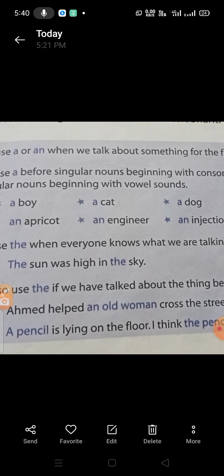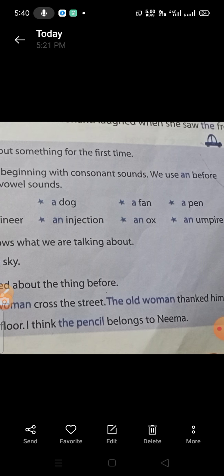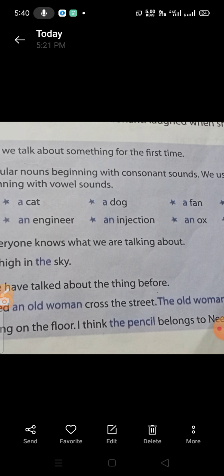Why did we use a here? Because P is a consonant sound. I think the pencil belongs to Nima. Here we are not using a or an, only the. These are examples of articles.